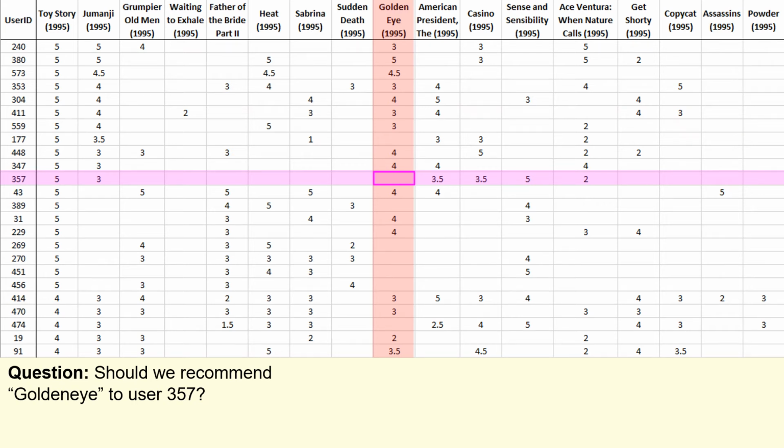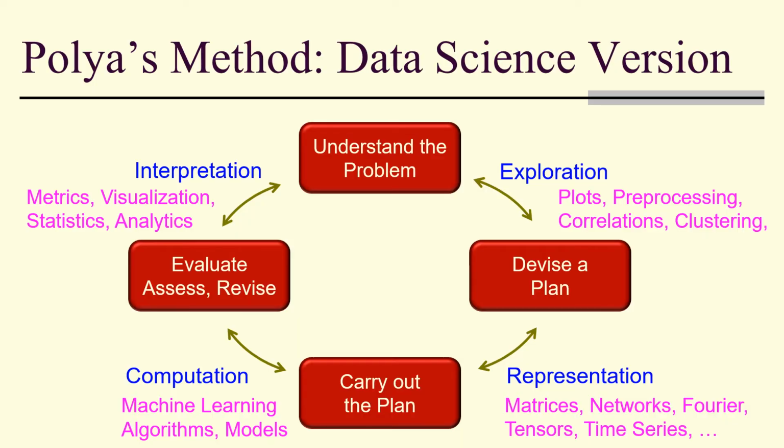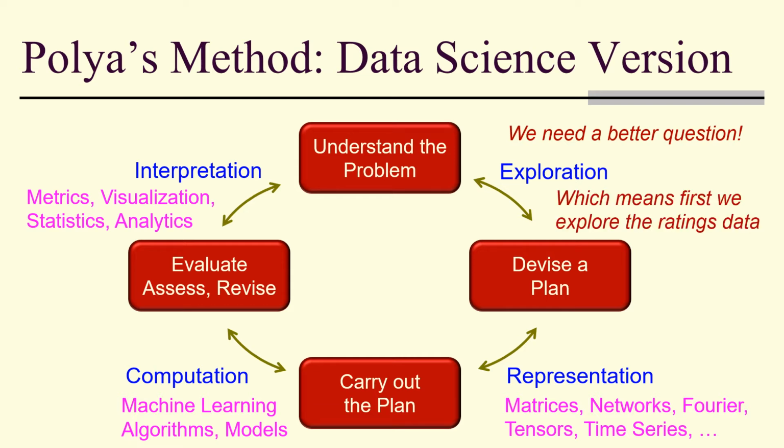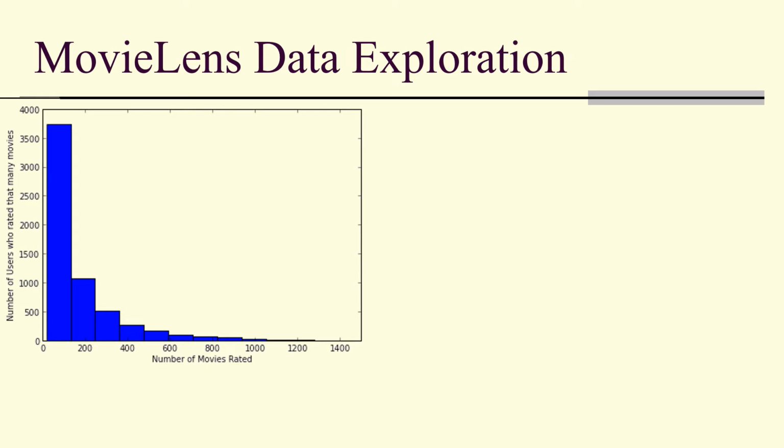So should we recommend GoldenEye to user 357? Well, we've got to go back to Polya's method. We need a better question, which means we first need to explore the ratings data. So here's our exploration. Notice that most users rate fewer than 100 of the 3,900 or so movies.